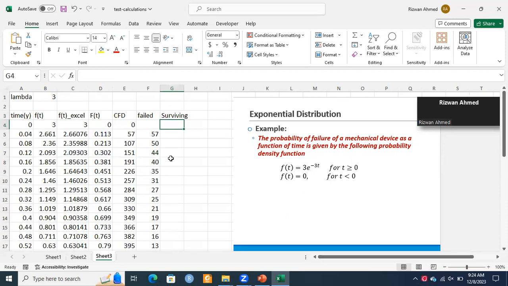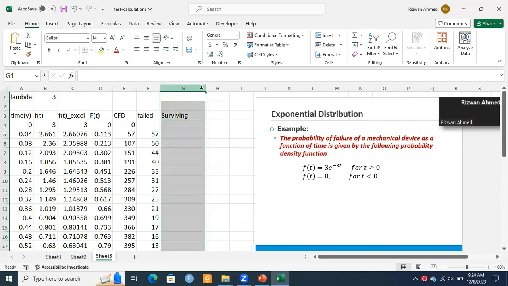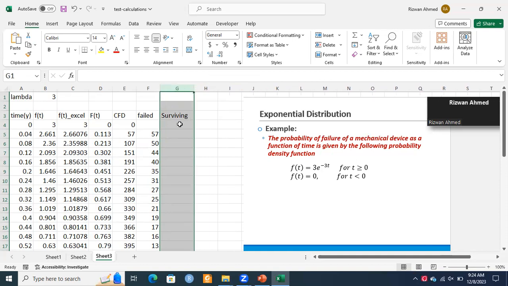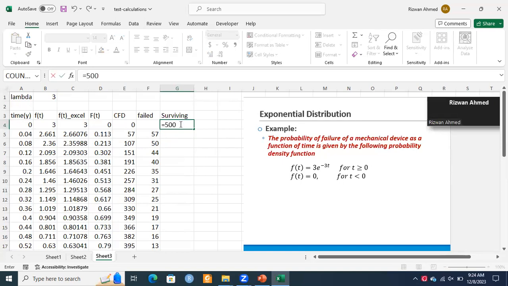So at the beginning, you had all 500 components, right? So I can write here that the number is 500 minus the total failed components.